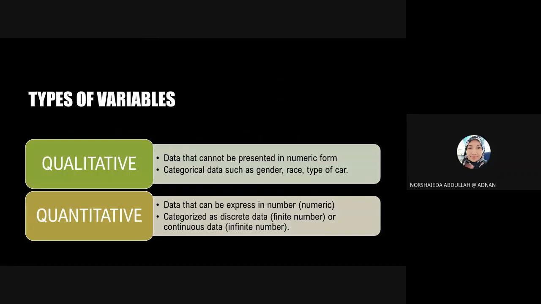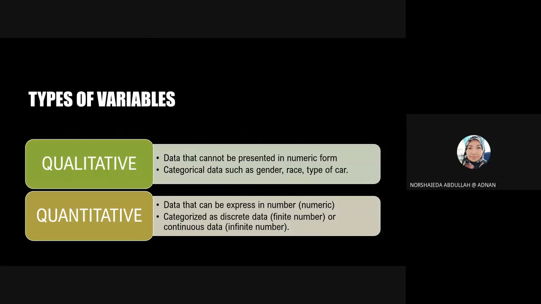Qualitative means the data is non-numeric, in the form of alphabets, like categorical data. For example, gender, female or male, is not a number. Race, type of car, SUV, sedan or MPV. So that is non-numeric or categorical data.